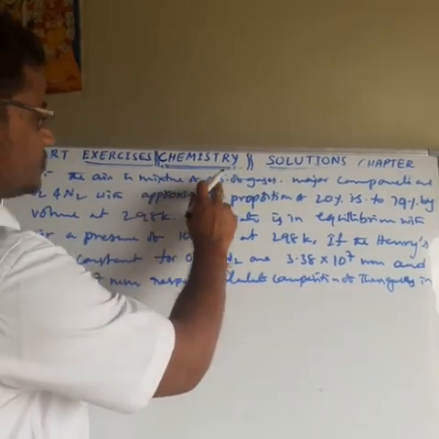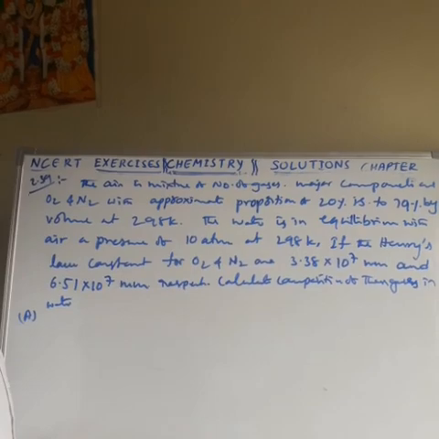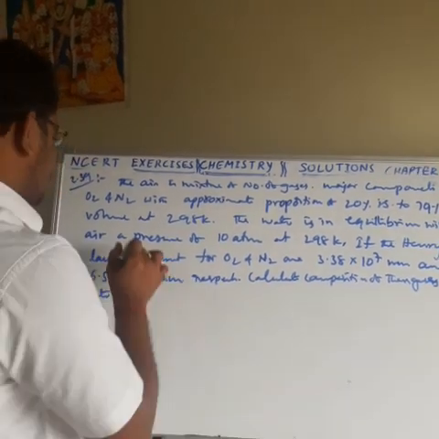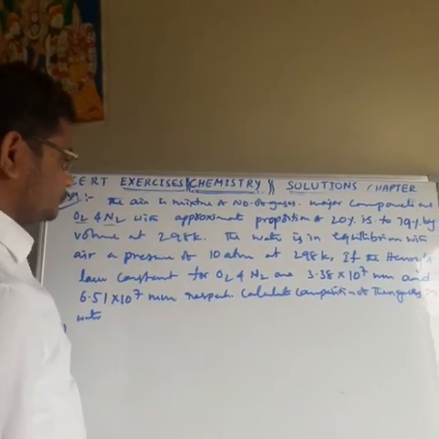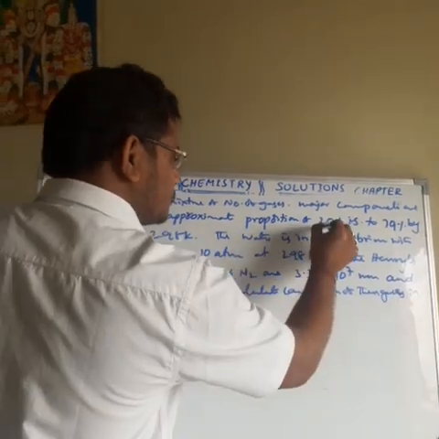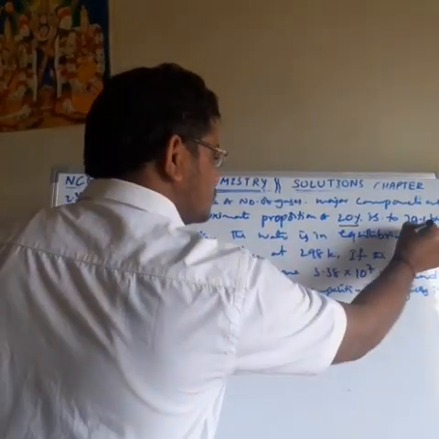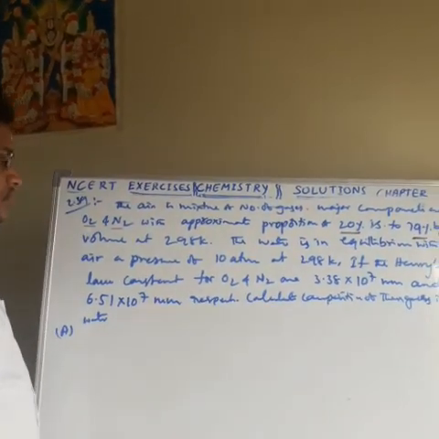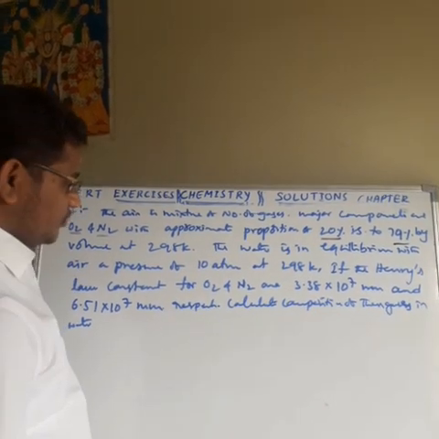The air is a mixture of a number of gases. But what are the major components of air? Oxygen and nitrogen. Approximately, in what proportion? 20% oxygen, 79% nitrogen by volume at 298 Kelvin.